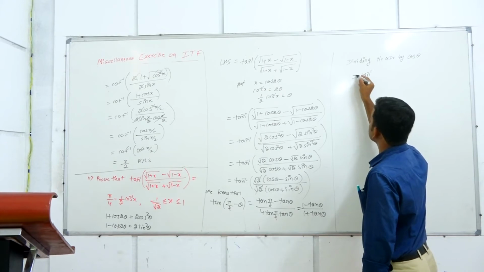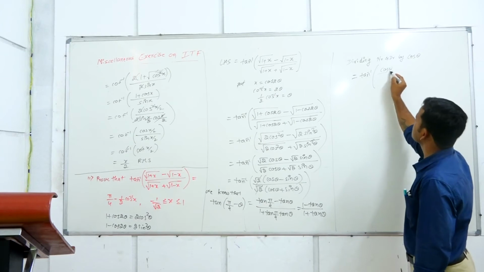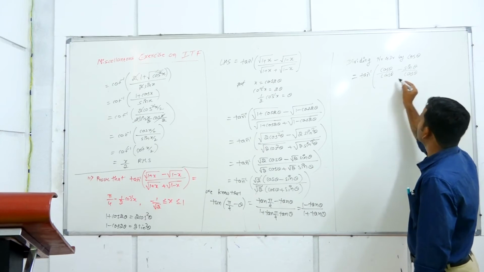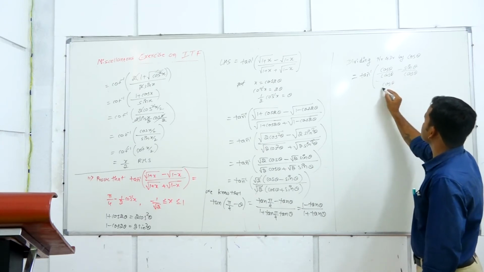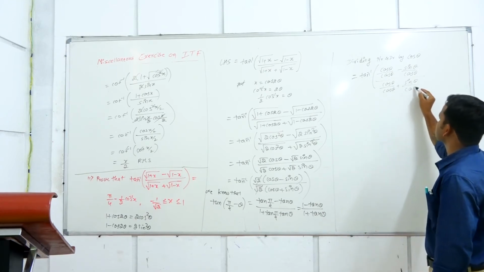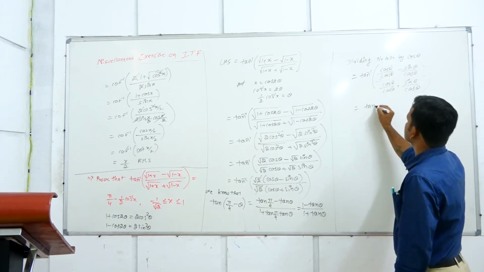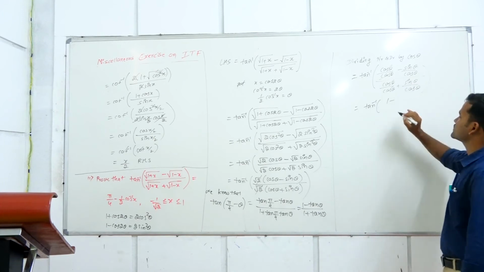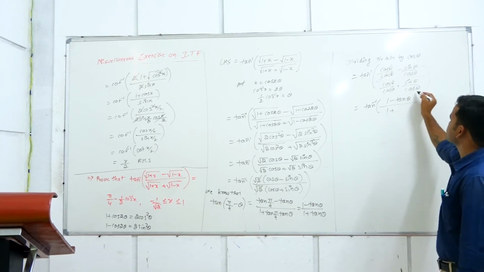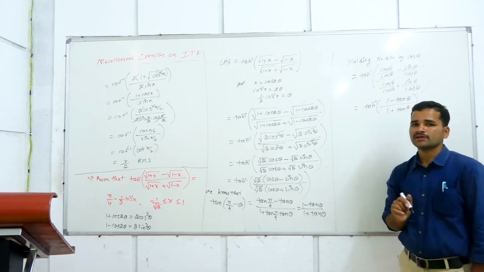Tan inverse of, dividing by cos theta, it will be cos theta by cos theta minus sin theta by cos theta, and here also cos theta by cos theta plus sin theta by cos theta. Cos theta, here also cos theta gets cancelled. Tan inverse of 1 minus sin theta by cos theta is tan theta divided by 1 plus, again it is tan theta. See, we got the form 1 minus tan theta by 1 plus tan theta.